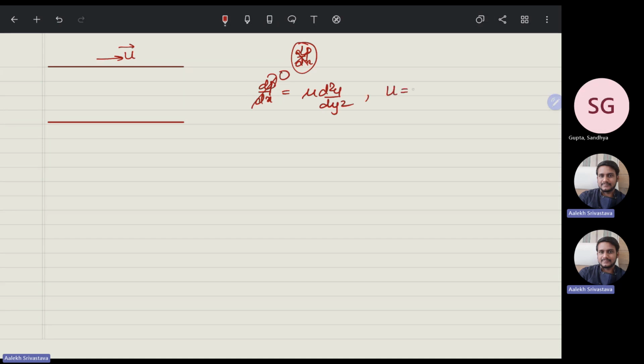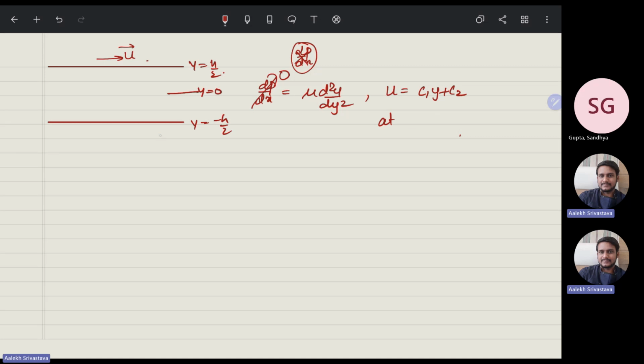So simply u is equal to C1y plus C2. So if I say this is y equal to 0, y equal to minus h by 2, y equal to plus h by 2. Now at y equal to 0, du by dy, no, we cannot apply this, because it's not a symmetric boundary condition.